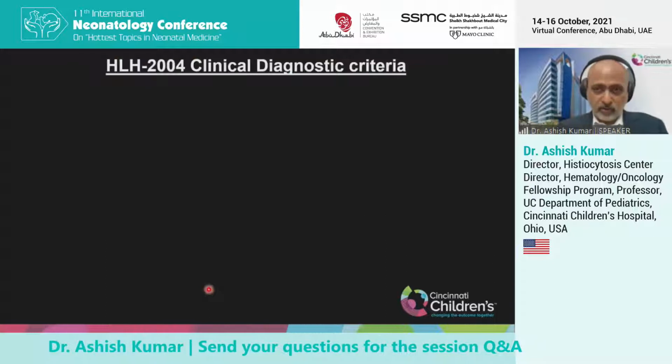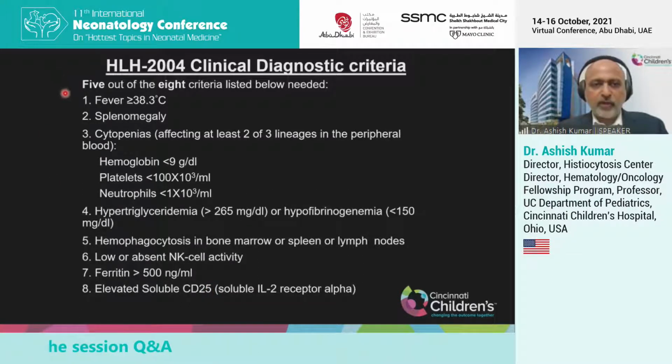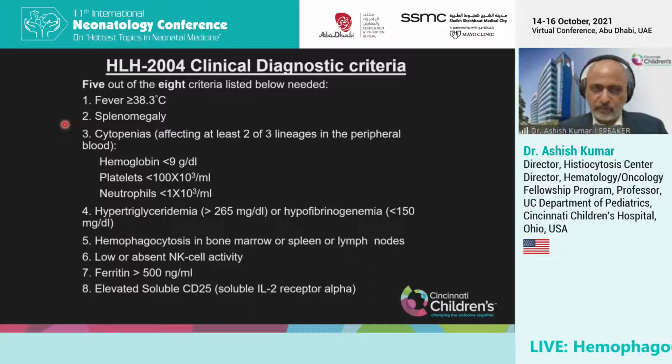So what are those criteria? Those are listed here. There are 8 features, and for the HLH-2004 clinical trial, if a patient met 5 out of these 8 features, they met the diagnosis of HLH.